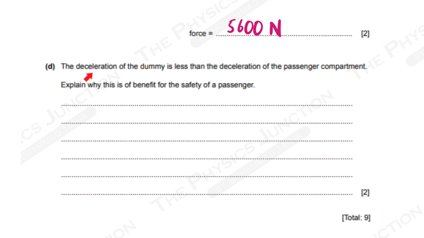So we know that as we used in the formula above as well, force, mass times the acceleration or the deceleration gives the resultant force. So if the deceleration of the dummy is less than the deceleration of the passenger compartment, this means that the force on the dummy is obviously also less. So what this means is that it would not necessarily hit the seat belt or the airbag in order to come to rest, and hence he is less likely to be injured.